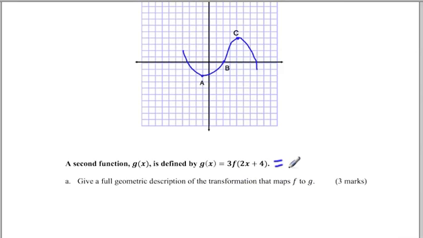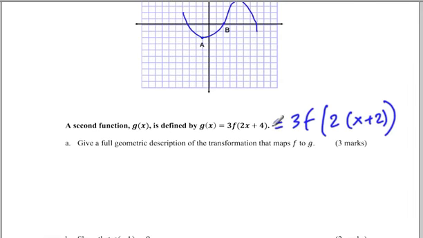So you must remember that if you're mapping one to another, always factor. So this is really just 3f of 2(x plus 2) right there. So this is the factored form. So what does that mean? This 3 right here tells you that there's a vertical stretch by 3.